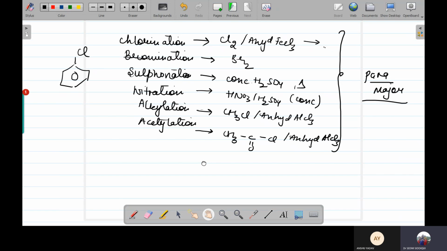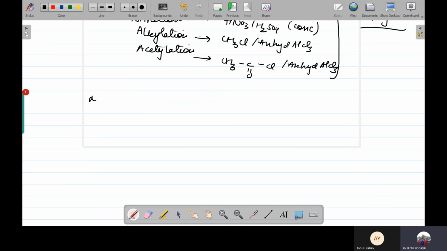Besides this, if a distinction test comes, distinction between pairs of organic compounds containing halogen, then we have the silver nitrate test. In this test, the halide is warmed with aqueous or alcoholic KOH. Then the solution is acidified with dilute HNO3, followed by addition of AgNO3 solution.